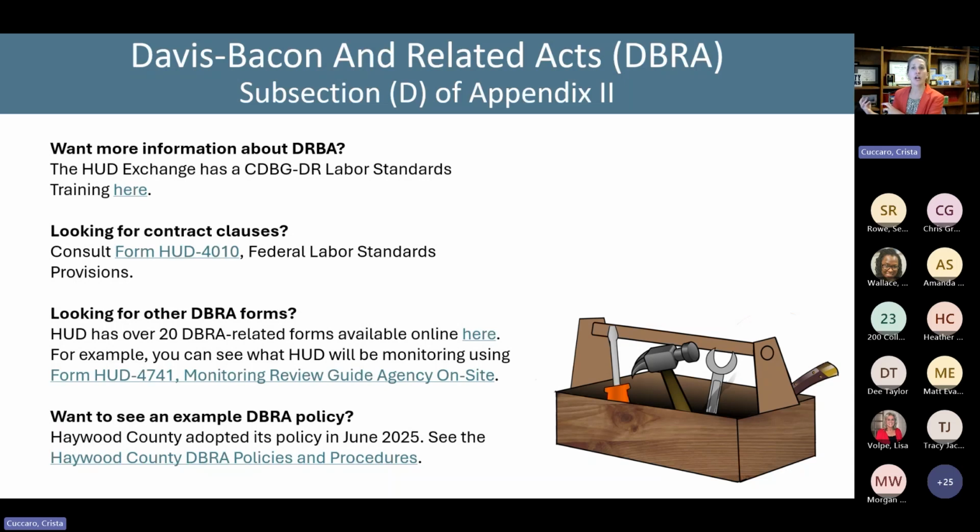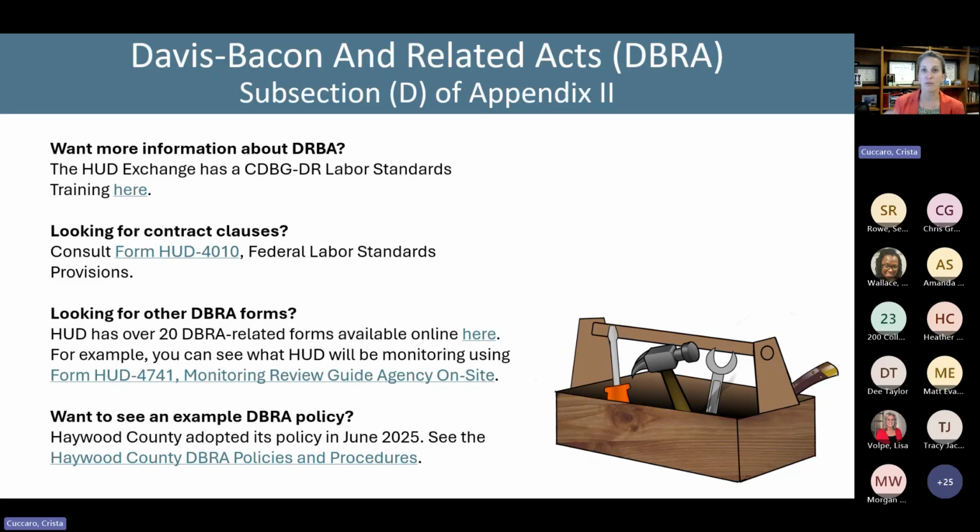I mentioned earlier that your contracts have to include those federal labor standards provisions. There is a form that HUD has for that, linked here in the second question. There are also other forms that HUD has, such as a monitoring review guide for agency on-sites. So when HUD comes to make sure that you're doing Davis-Bacon, you can understand what it is that they'll be looking for.